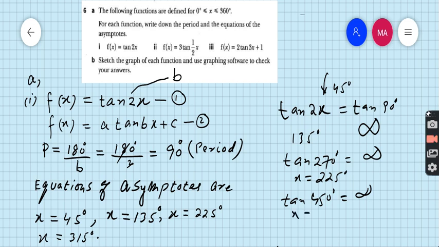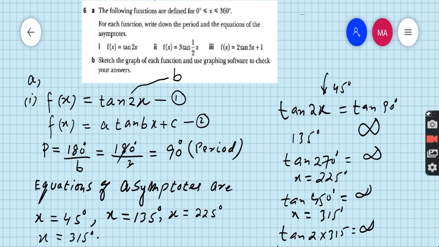And if you take x is equal to 315, then tan of 2 into 315 is tan 630, and tan 630 is undefined. There are millions of values which give you tangent undefined, but your domain is 360 degrees, so you have to restrict till 360 degrees.